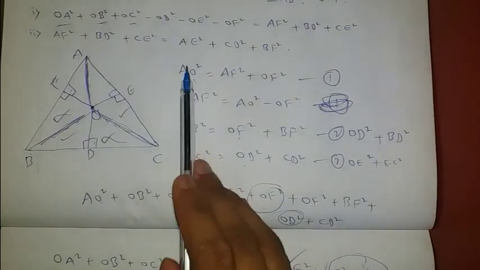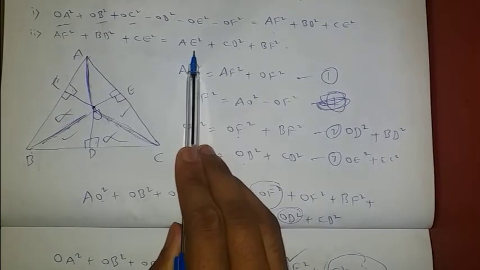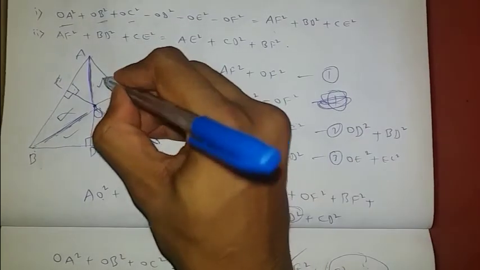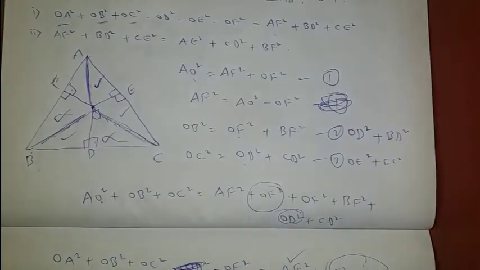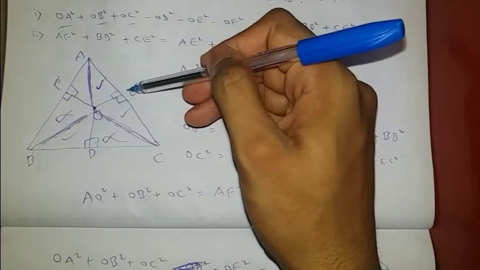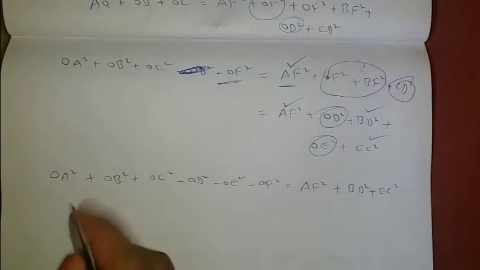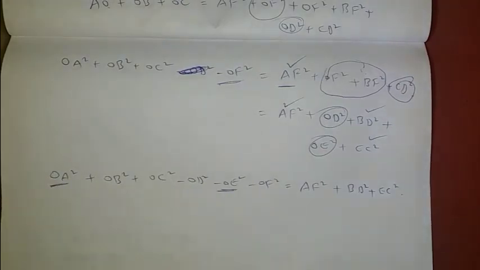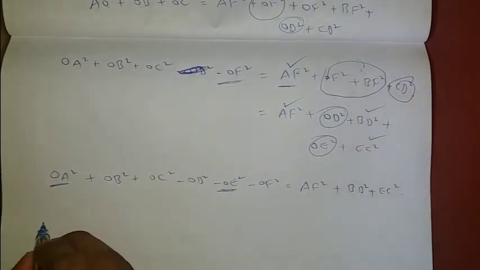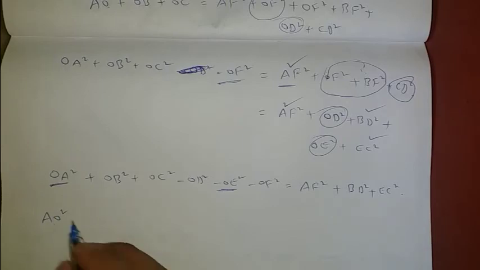So to show that AE square, check this clearly, where do we have AE square? In this triangle, AE square is nothing but AO square minus OE square. I will write those two together: OA square, or else AO square, minus OE square.